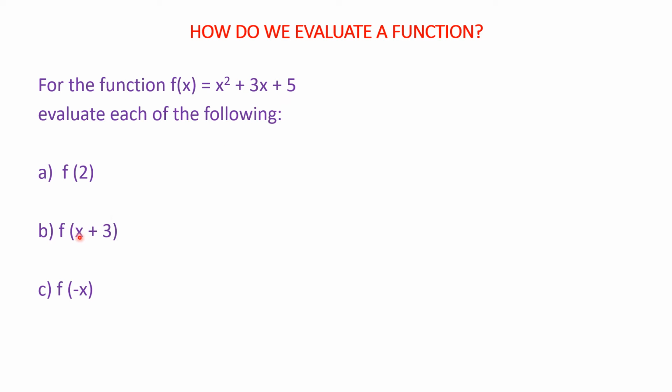For the second, we replace x by x plus 3, so x plus 3 all squared plus 3 multiplied by x plus 3. For the third, we change the signs, so f of negative x equals x squared, which remains the same, and negative 3x.